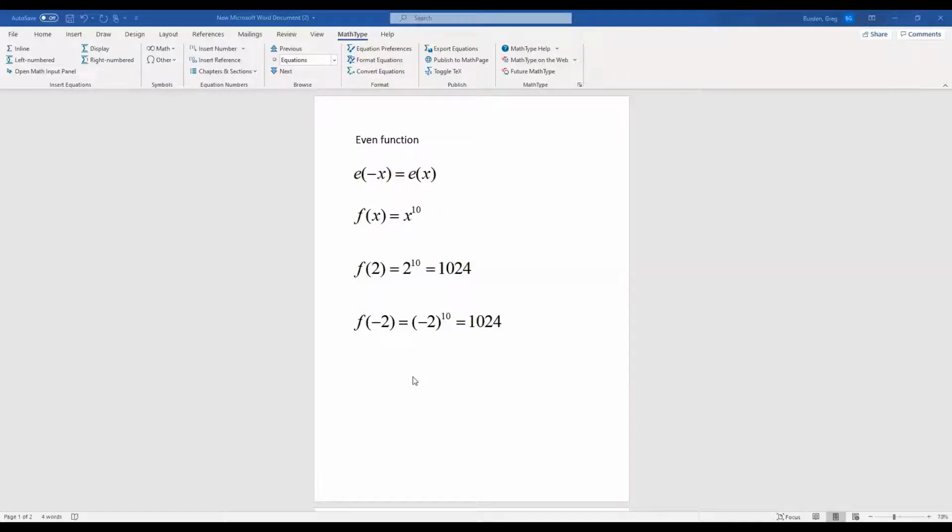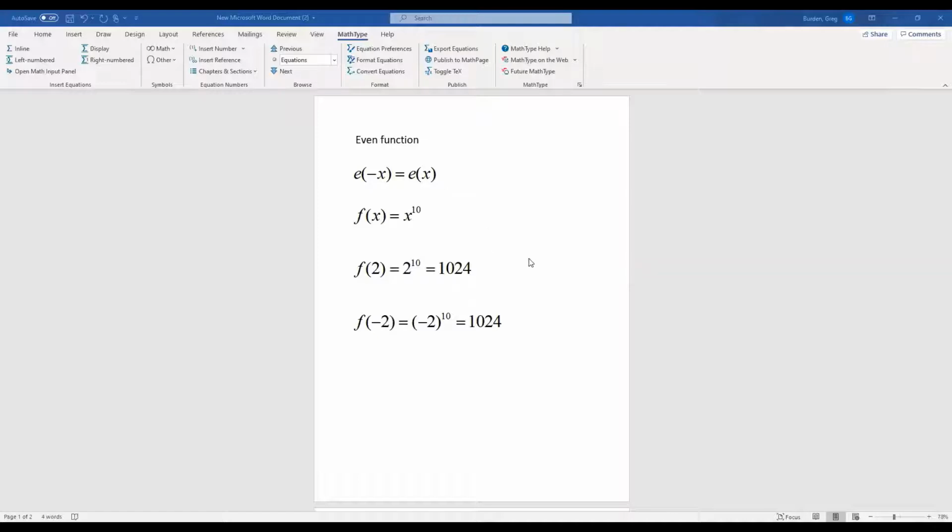And there are also some more obscure exotic functions that you're not likely to run into that are even functions. But again, an even function is an unusual situation. Most functions are not even.